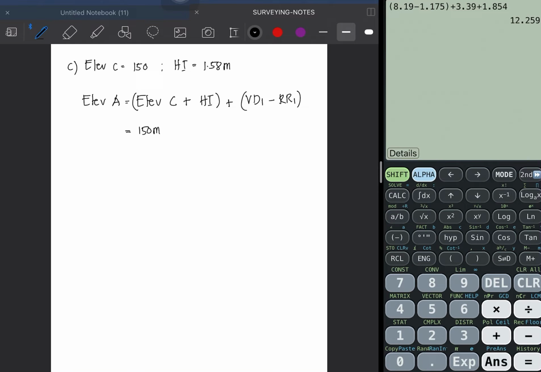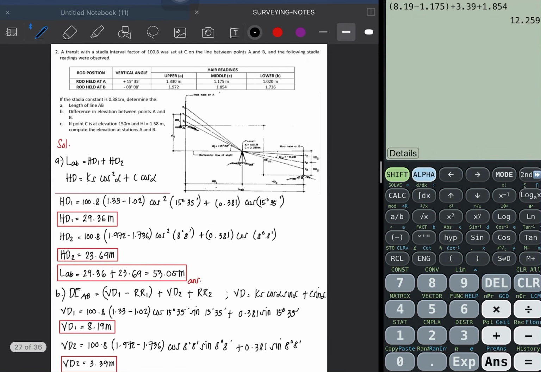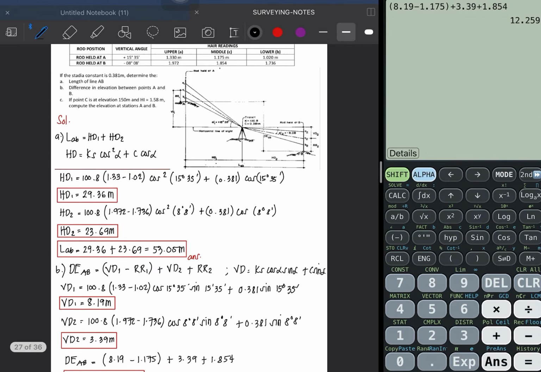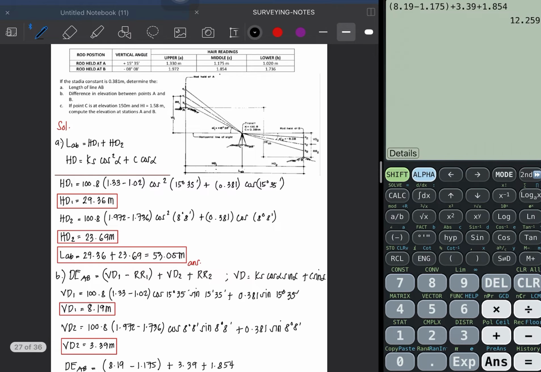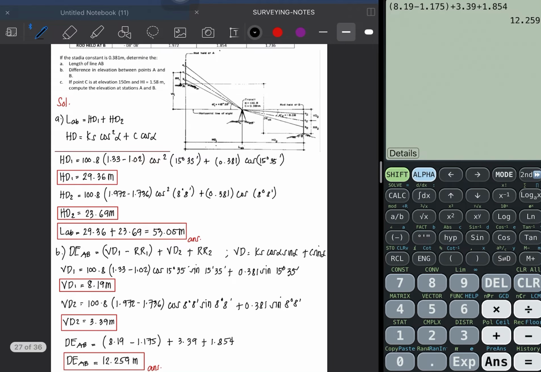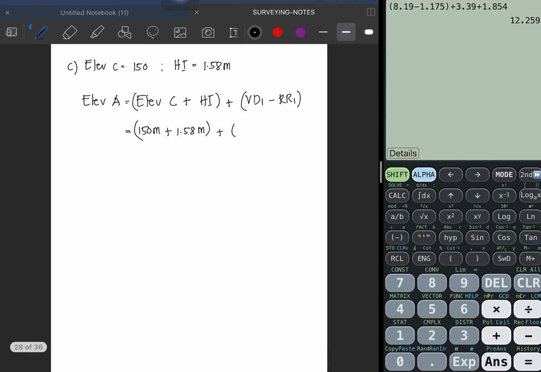So you have the elevation C, 150 meters plus HI 1.58 meters. Then plus VD1 is 8.19, and then RR1 is 1.175.